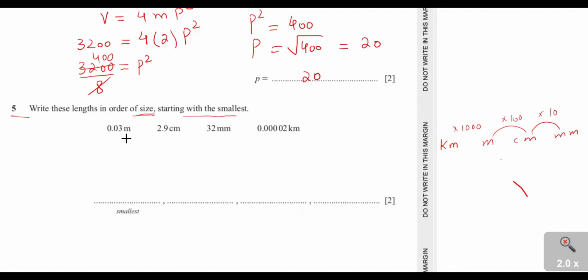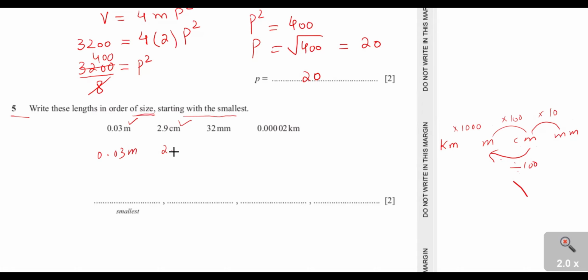Look here, we will convert these values into the same unit. If we convert into meter, we write 0.03 meter as it is, and then 22.9 centimeter. When we convert centimeter into meter, we have to divide this value by 100.